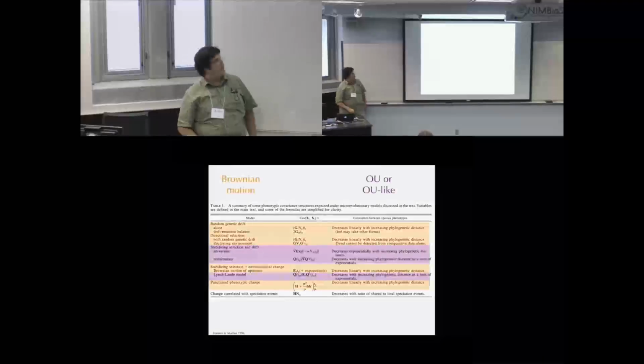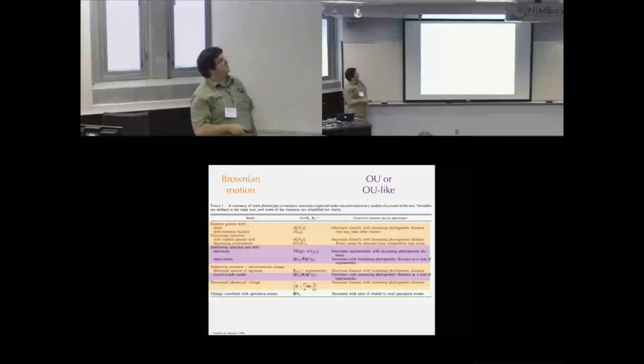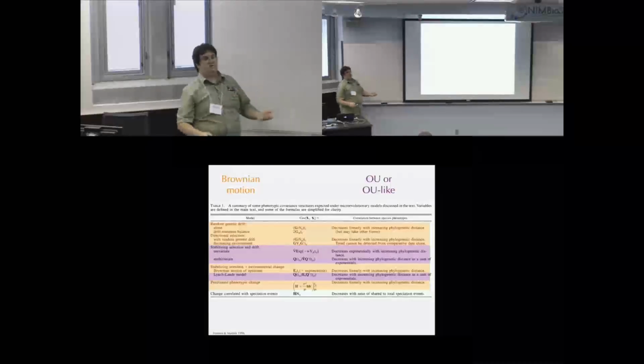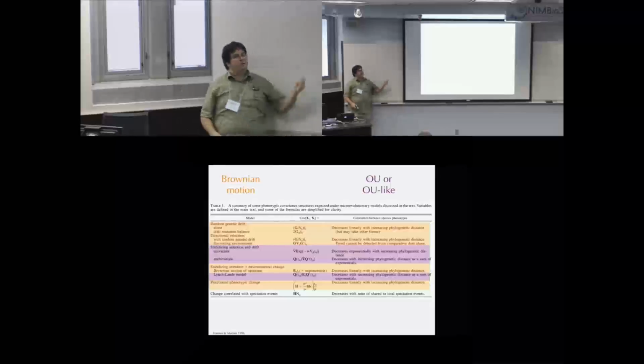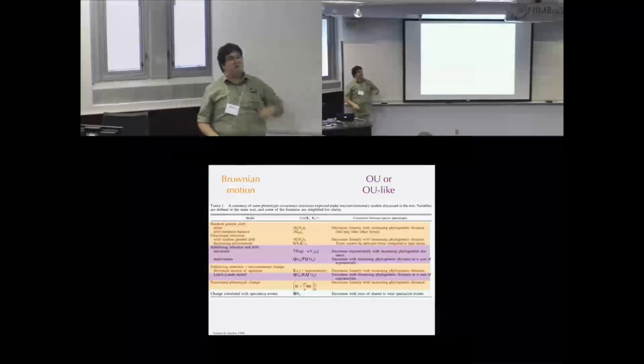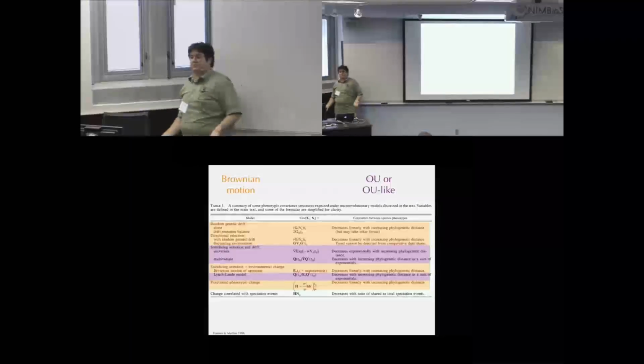There are a bunch of them, and they're sort of equivalent in some ways to Brownian motion. Drift, yep, it's Brownian motion. Cool, we knew that. Directional selection with random drift or with a fluctuating environment is also Brownian. Stabilizing selection is not Brownian, it's OU.